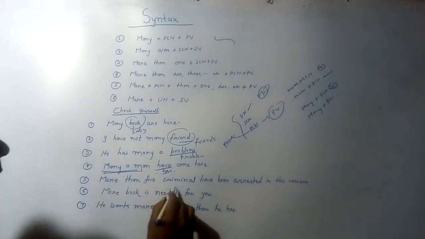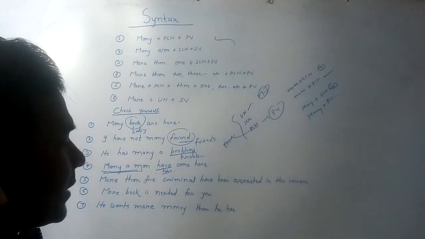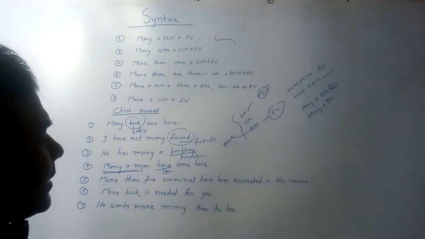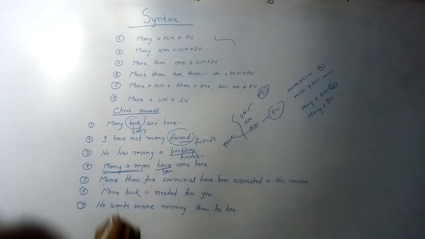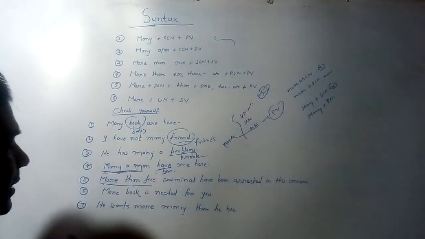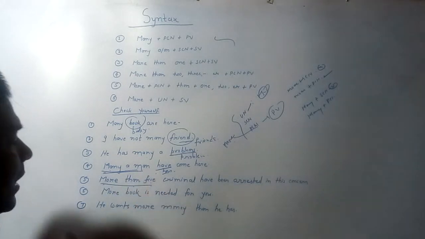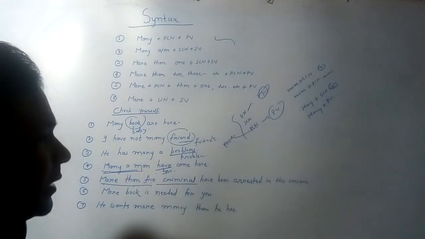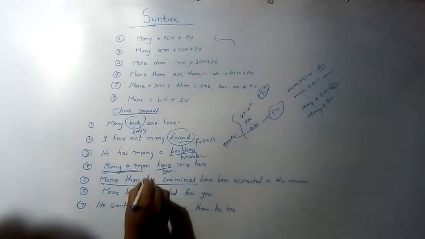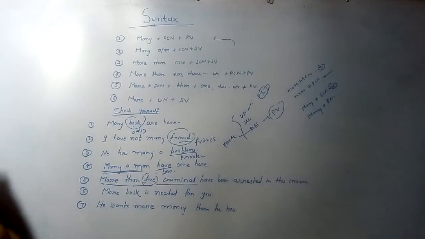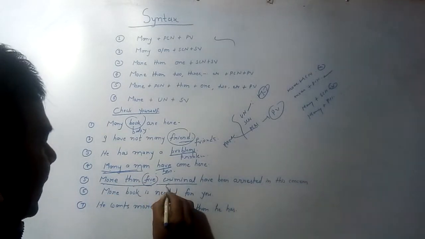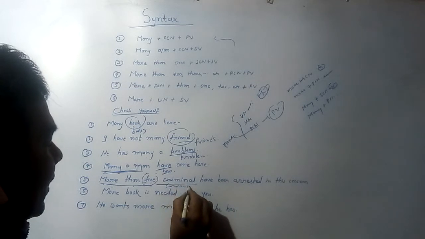More than 5 criminals have been arrested in this concern. You are looking here. More than 5 is the right structure, but this is wrong because criminal is a singular countable noun, while by the rules you can take criminals here. Okay, criminals.